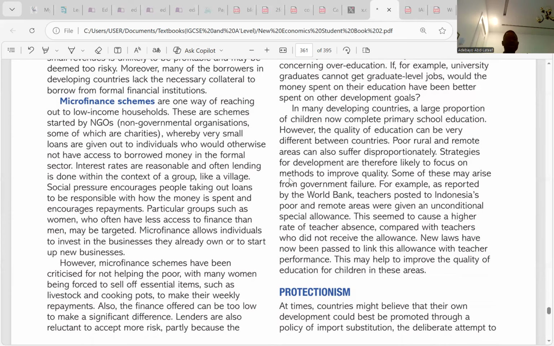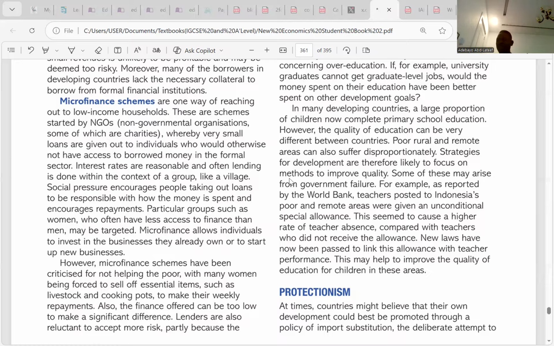Social pressure encourages people taking out loans to be responsible with how the money is spent and encourages repayment. Particular groups such as women who often have less access to finance than men may be targeted. Microfinance allows individuals to invest in businesses they already own or to start up new businesses.